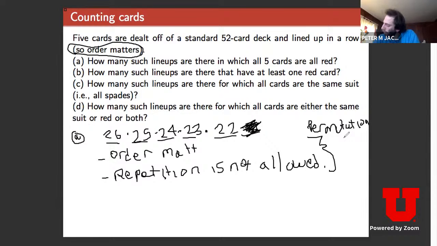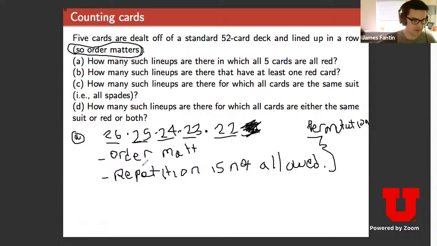Actually, I think the terminology is an ordered list. Is it, James? What is the term used for this scenario? You're right. It's a permutation. Oh, okay. An ordered list is when repetition is allowed and order matters. Okay. All right.